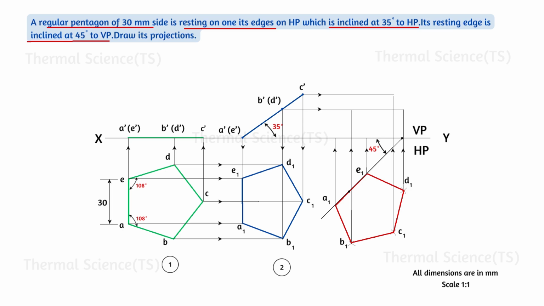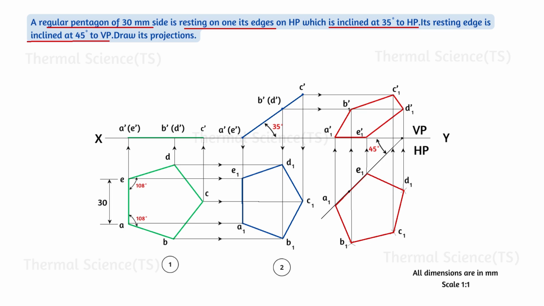Name the intersection points as A1 dash for A1 and A dash, B1 dash for B1 and B dash, C1 dash for C1 and C dash, D1 dash for D1 and D dash, E1 dash for E1 and E dash. Connect the points A1 dash, B1 dash, C1 dash, D1 dash and E1 dash. We will get the final front view.